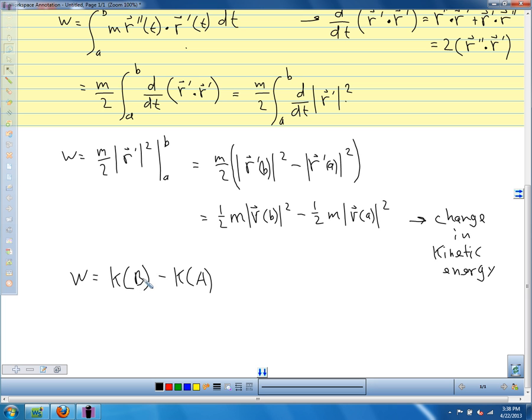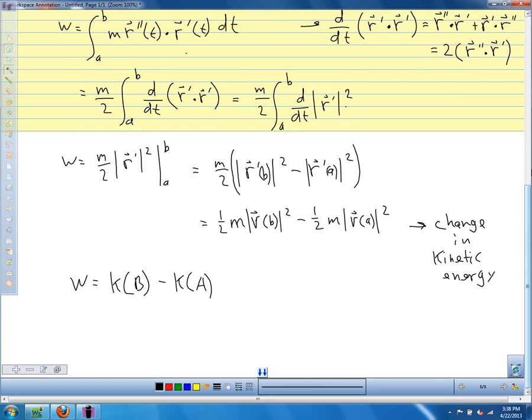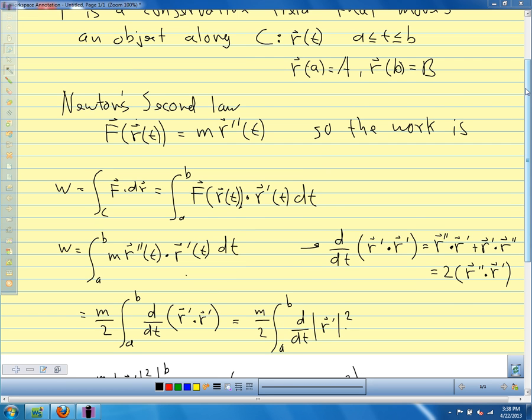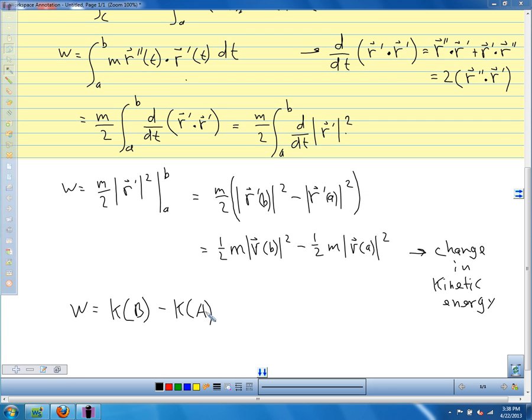Kinetic energy at position b, we set up here, minus the kinetic energy at position a. Change in the kinetic energy. So there's one expression for the work that we've done in moving that particle along that path. So what we're going to do is come up with another expression for the work and equate the two. So one of our expressions is that the work is the change in the kinetic energy.